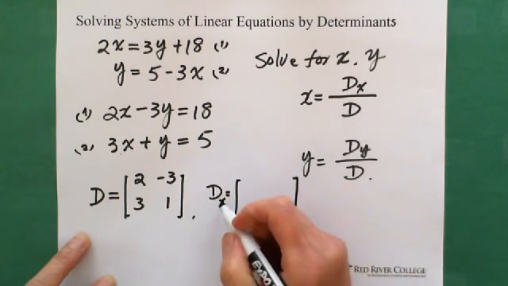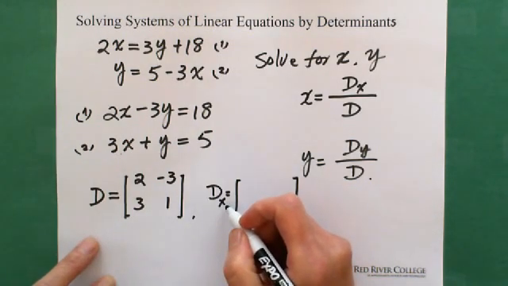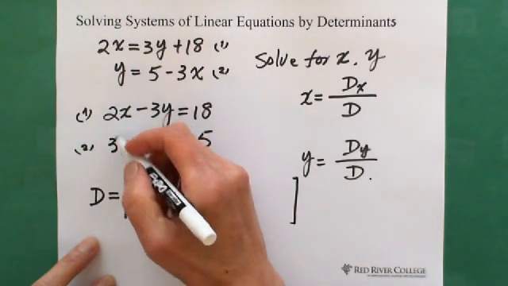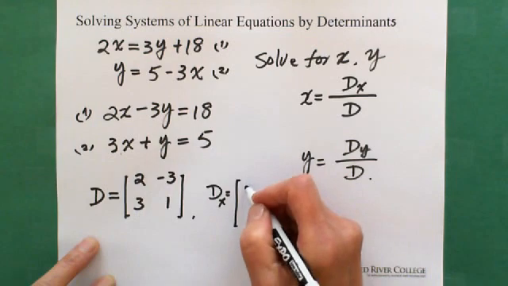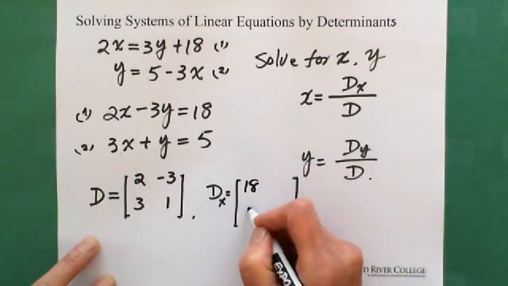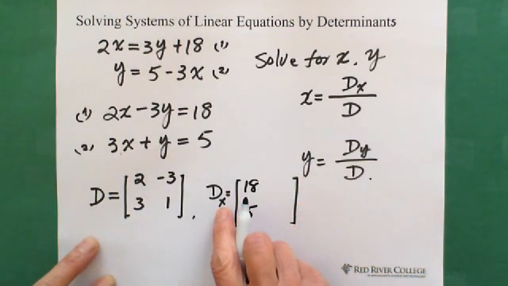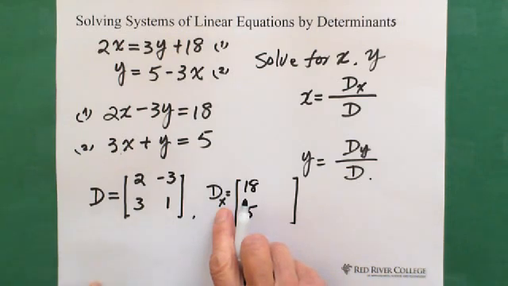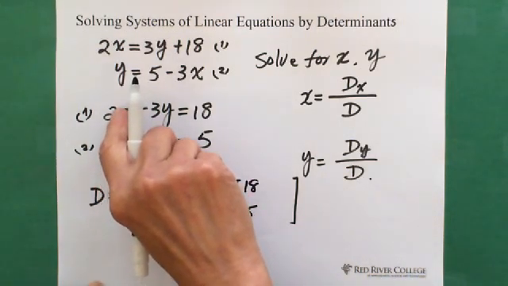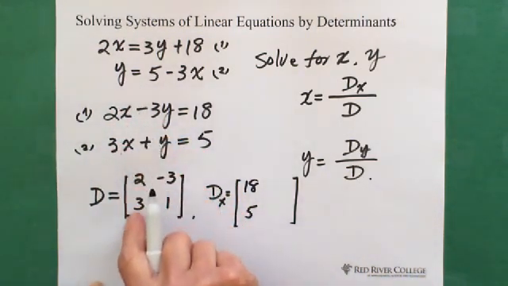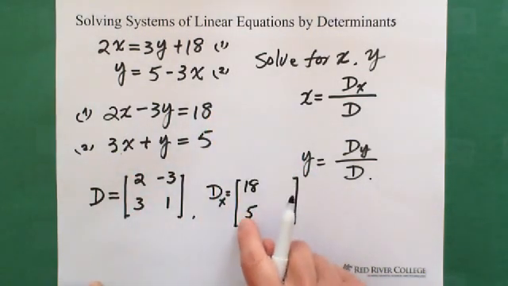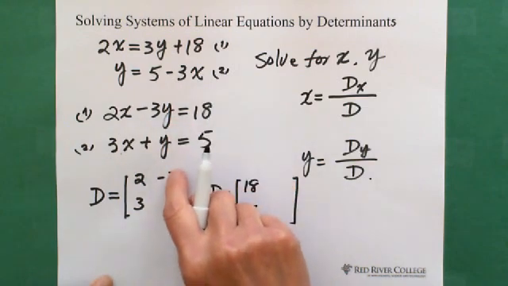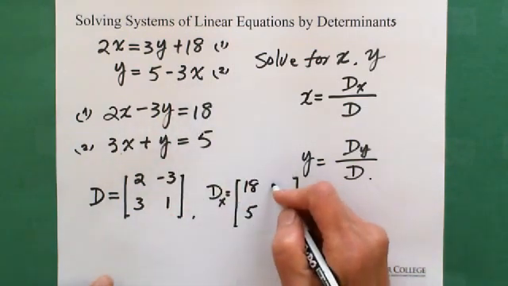If you're looking for determinant x, you need to replace the x coefficient with the constants, here 18 and 5. You replace the coefficient of x in the first column by constants 18 and 5, and the y coefficients stay unchanged.